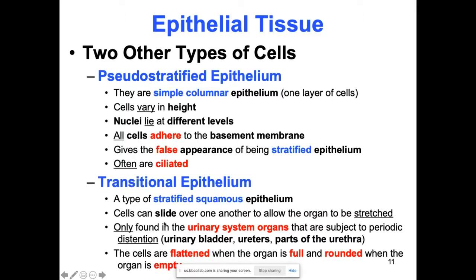The transitional epithelium, again, it's only found in the urinary system, the urinary bladder, the ureters, the urethra, because this organ can be distended, it can be stretched, it could be filled with urine, or it could be empty. And the shape of that urinary bladder, depending on whether it's filled or empty, the shape of the cells will be transitional.